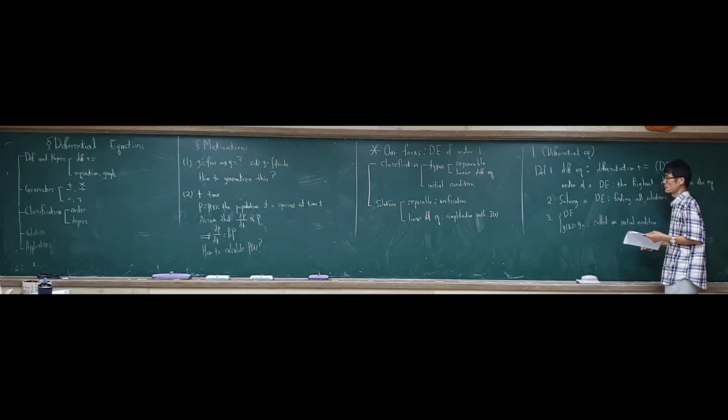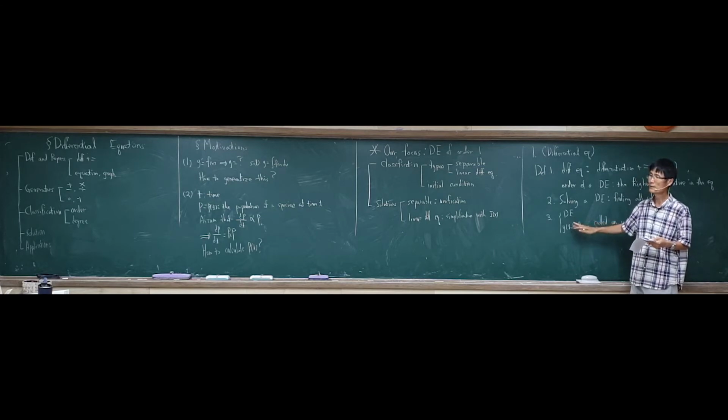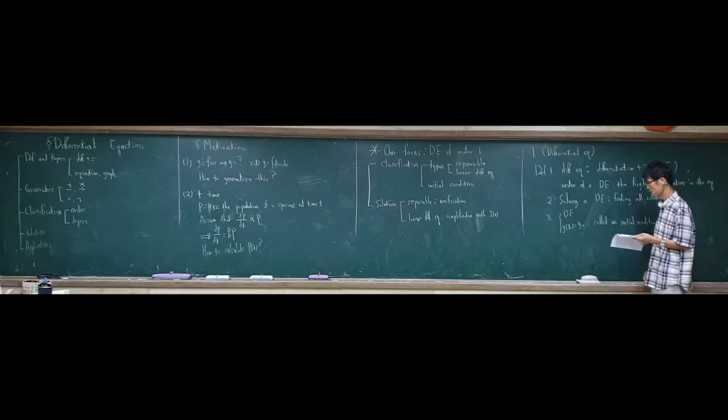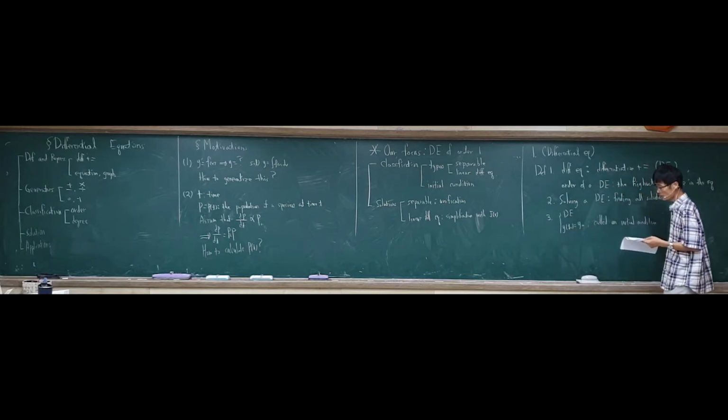Usually, if we solve a differential equation, there are infinitely many solutions. But if we give an initial condition like this form, then usually it has a unique solution. A differential equation with some initial condition is called an initial value problem.